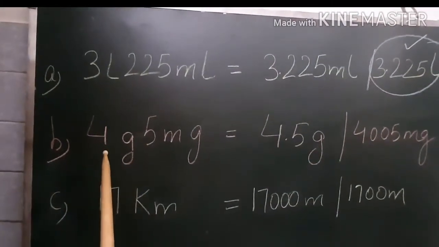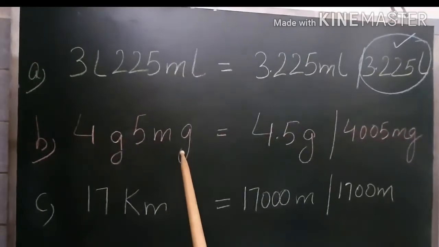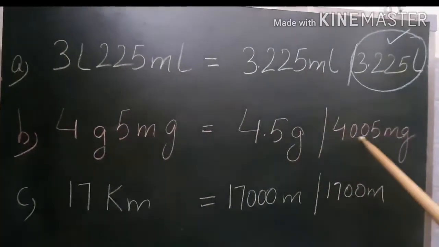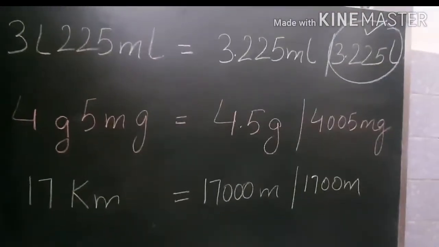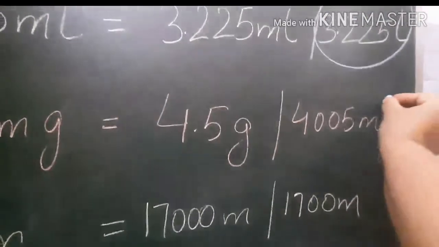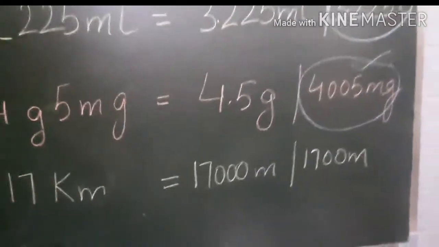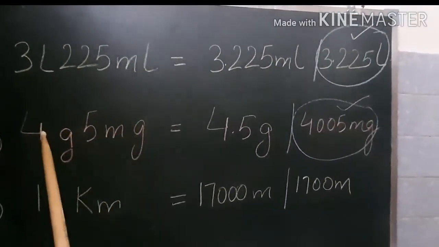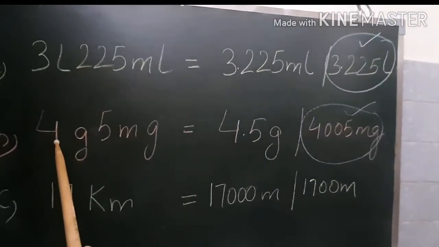Now let us check another. 4 gram 5 milligram is equal to 4.5 gram or 4005 milligram. Again, I said this option is correct. The reason is the same. When you convert gram into milligram, I multiply 4 with 1000 and that becomes 4000.